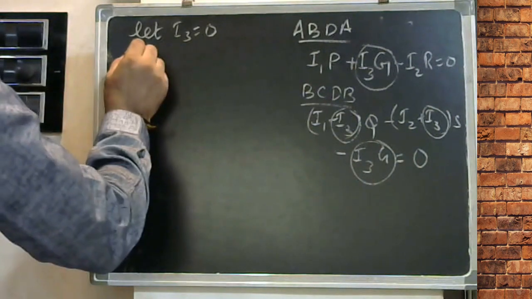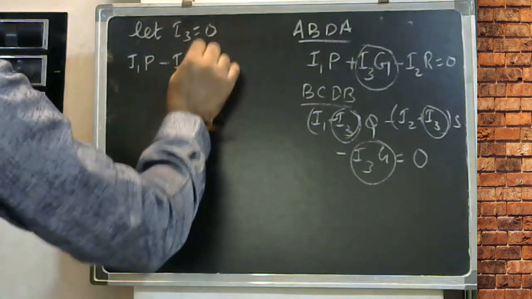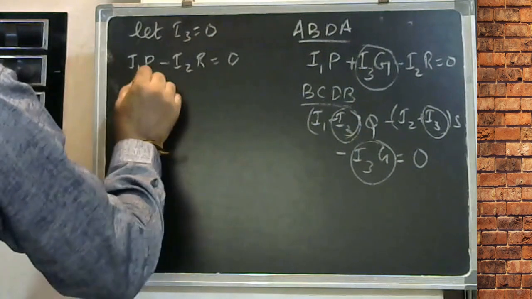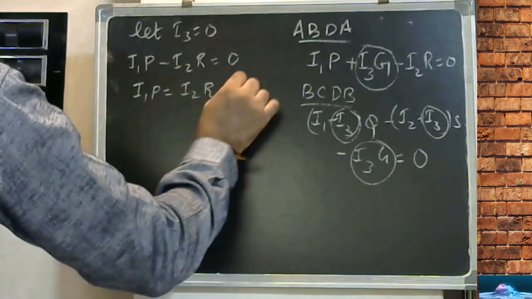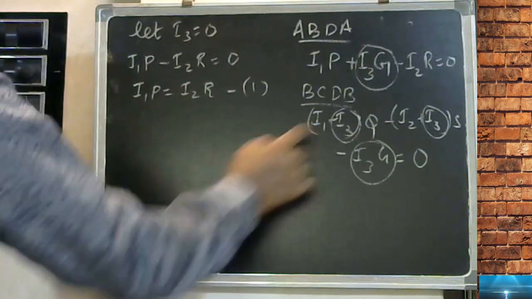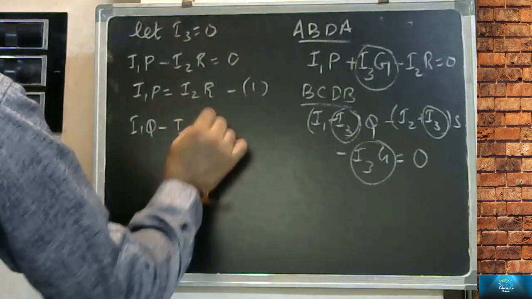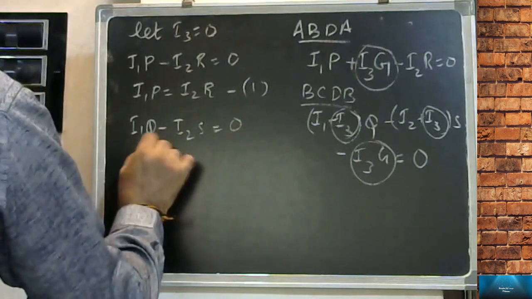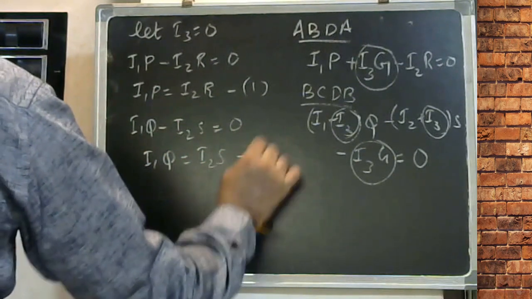So I'm left with I1P minus I2R equals 0, or I1P equals I2R. This is my first equation. Similarly, here it will be I1Q minus I2S equal to 0, or I1Q equals I2S. This is my second equation.